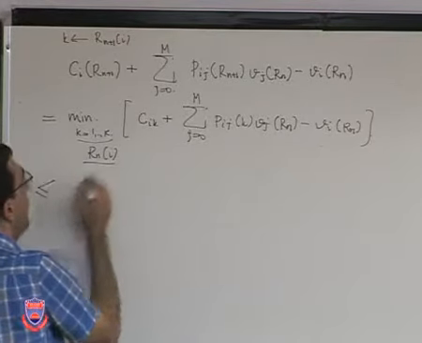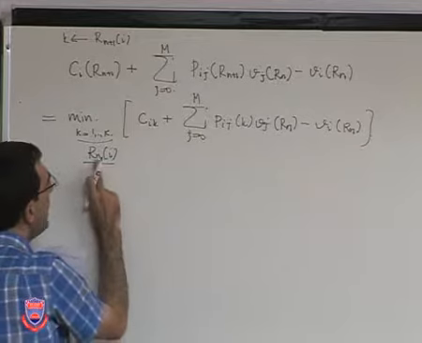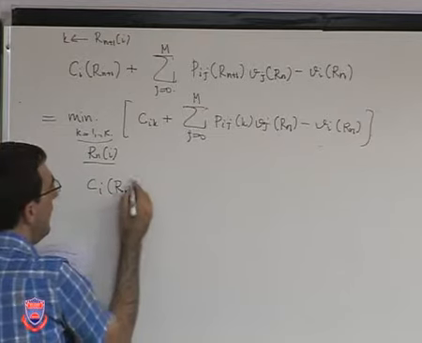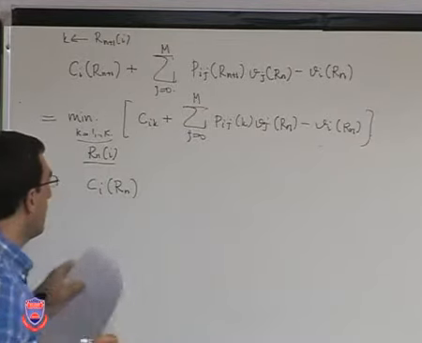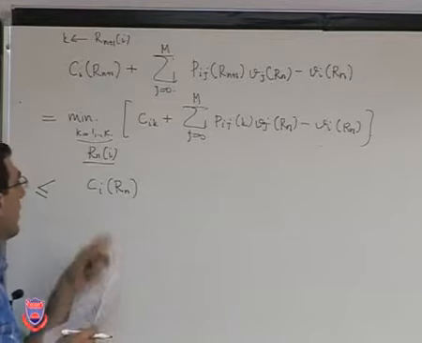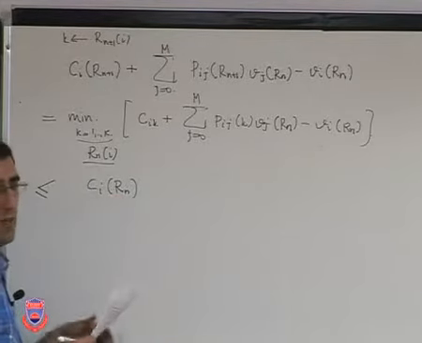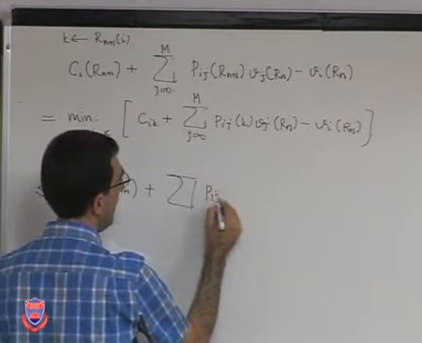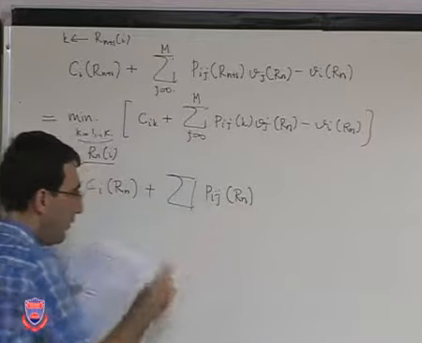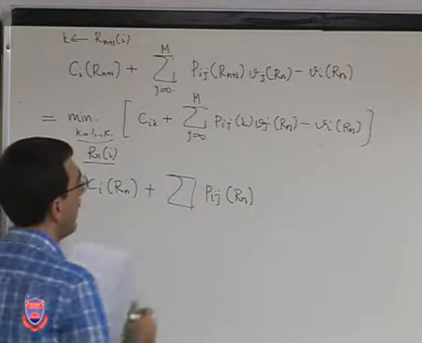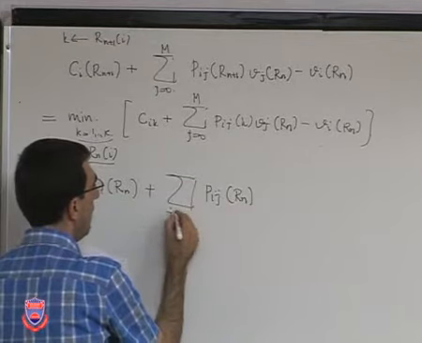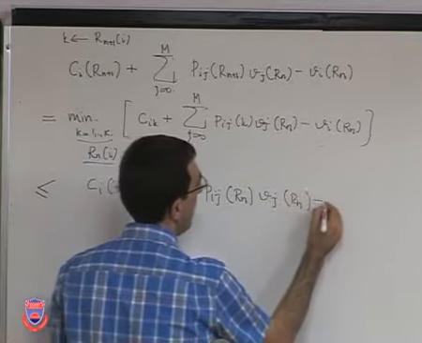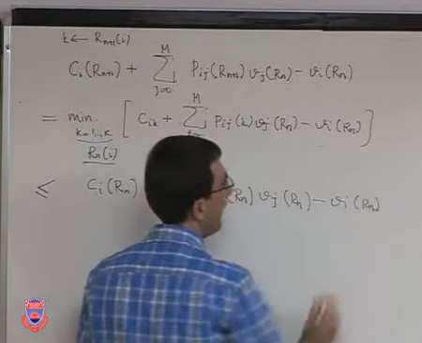When you substitute Rn of I for k, this time you get Ci of Rn, the immediate expected cost you pay if you take the action prescribed by Rn in state I, plus there is another sum here that gives you the one-step transition probability of going from I to j under policy, this time again Rn, times the relative value of j under Rn minus the relative value of state I under Rn.